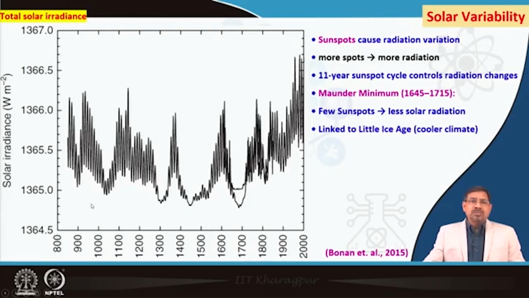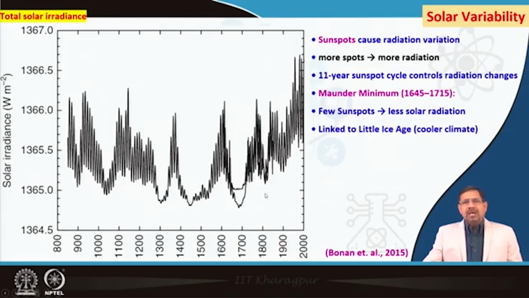This pattern in terms of solar irradiance, the solar irradiance in the y axis is represented between 1364.5 watts per meter square up to 1367 watts per meter square, and we are seeing a variation from as low as 1364 plus up to 1366.7, which is the maximum.